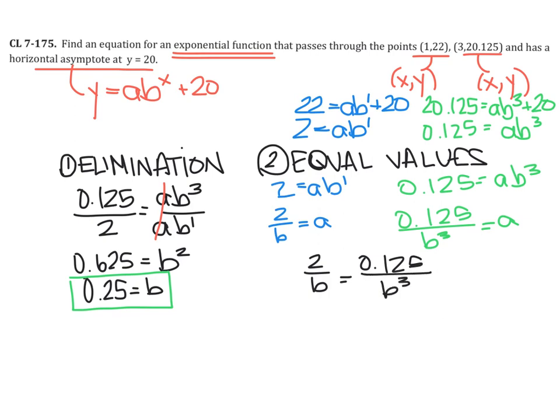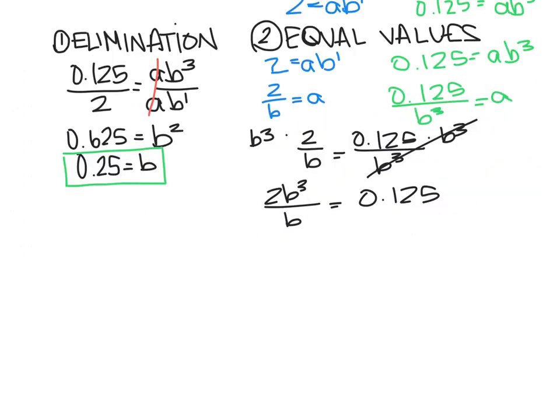If we multiply both sides by b to the third power, those reduce to 1, and we find that 2b cubed over b equals 0.125. That left-hand side simplifies to 2b squared, and if we divide both sides by 2, we get 0.0625, and again, 0.25 equals b. So we arrive at the exact same place.